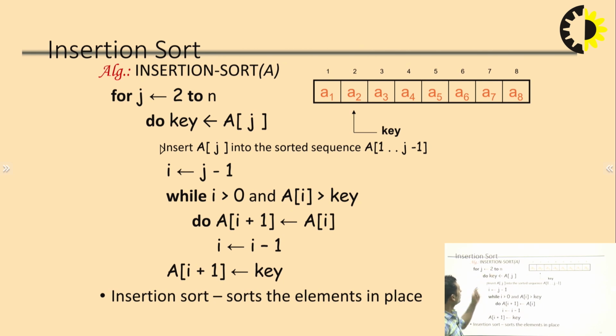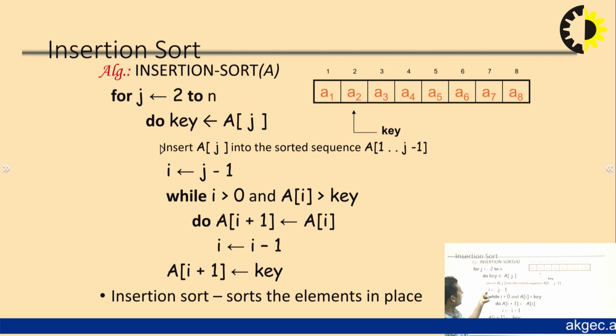Now pick the card, do key = A[j], pick a value, and assign it into the key. Now insert A[j] into the sorted sequence A[1 to j-1].